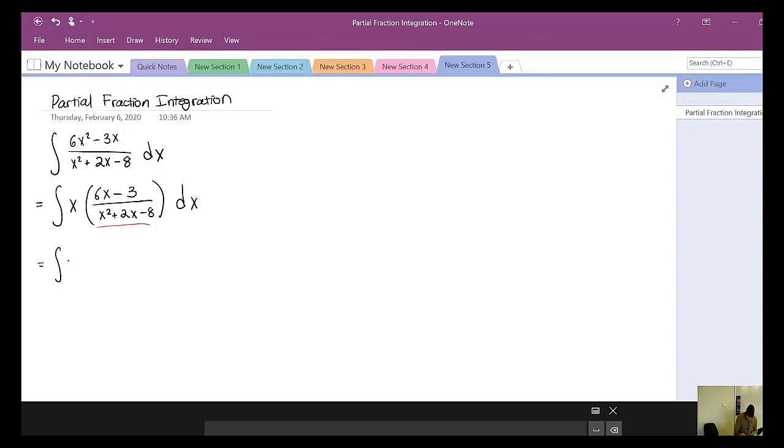Minus 3. And the last thing we need to check is, we need to factor, side note, factor x squared plus 2x minus 8. Which, let's see, what does this factor into?